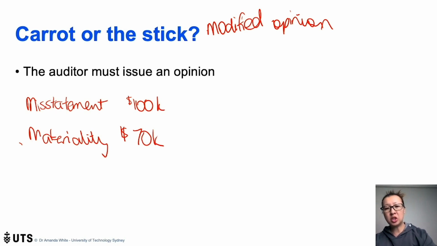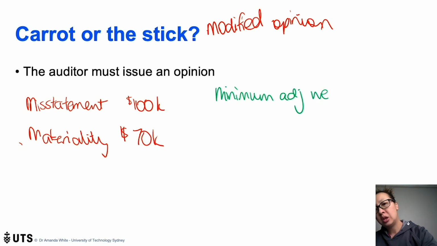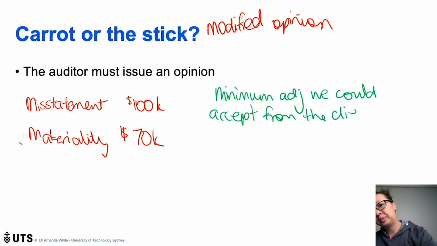So the big question here is, what is the minimum adjustment we would accept from the client? Now, essentially, in this instance, the client doesn't want to make any adjustment, right? You could assume, unless it's a clear clerical error, that in 99% of cases, the clients don't want to adjust.